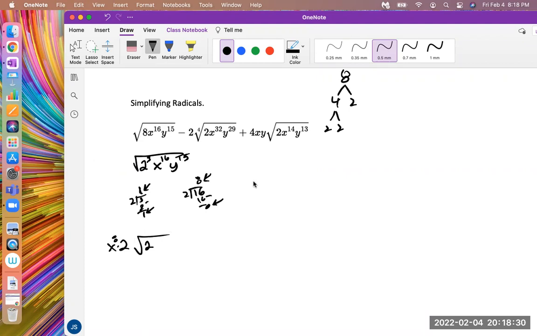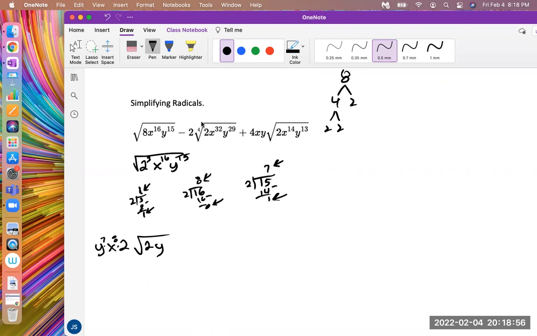And then now I just need to figure out how many y squareds are in y to the 15th. So 15 divided by 2, 2 goes into 15 7 times, remainder 1. This is the number of y's on the outside, so y to the 7th. This is the number of y's on the inside, y to the 1st. And that's what this first one does.